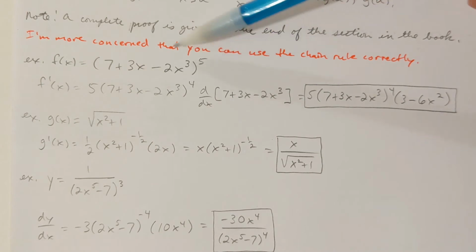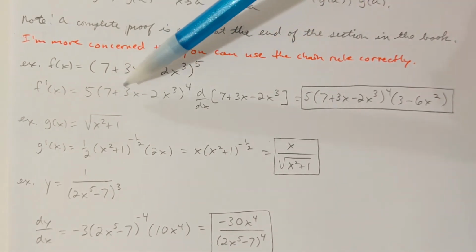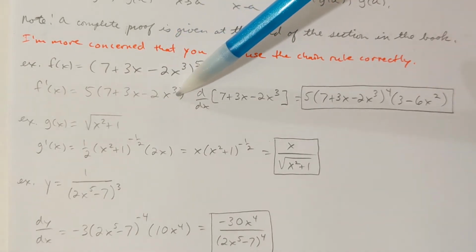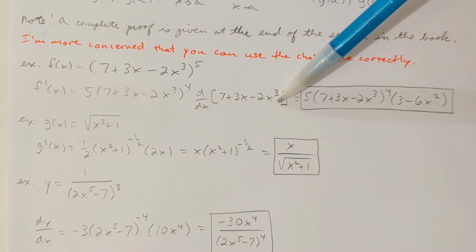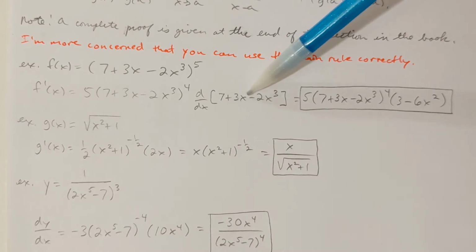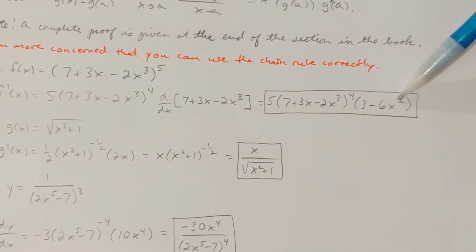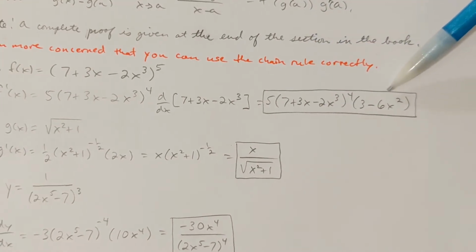I know that I'm going to bring down the power of 5, reduce the power by 1. Now, 7 plus 3x minus 2x cubed, that's the thing that I'm temporarily ignoring here. And I'm going to multiply by its derivative in order to finish the chain rule. The derivative of 7 plus 3x minus 2x cubed is 3 minus 6x squared. So here'd be my answer then.